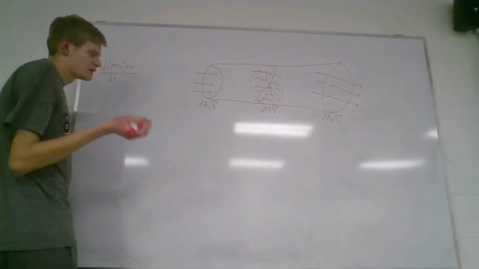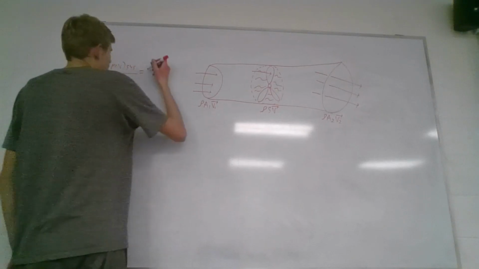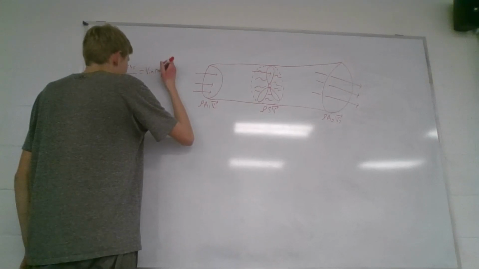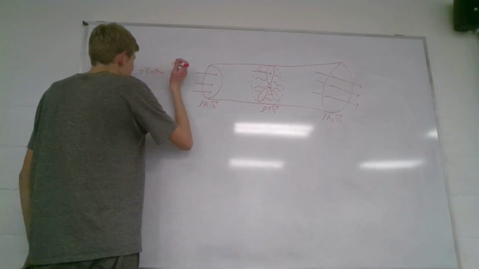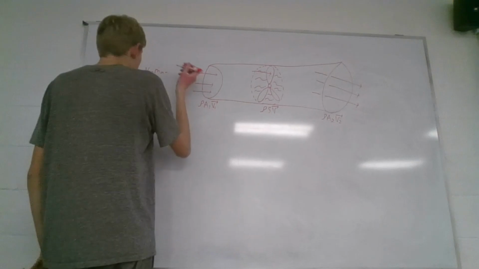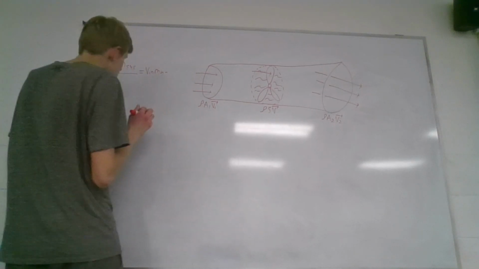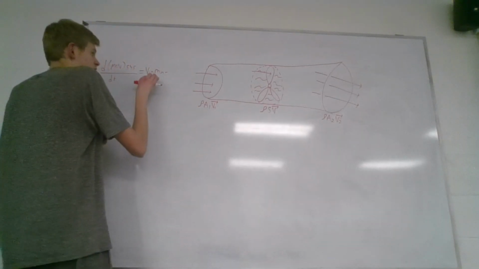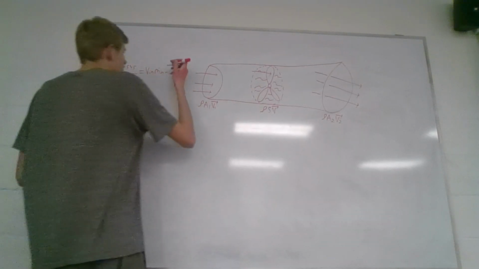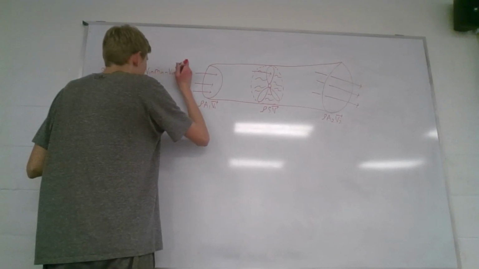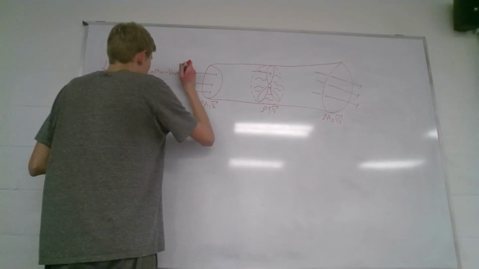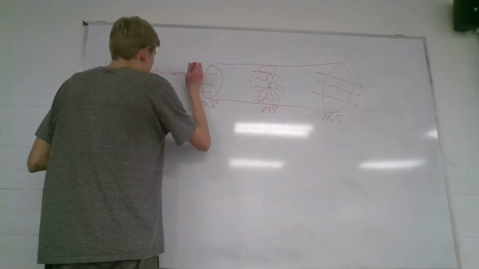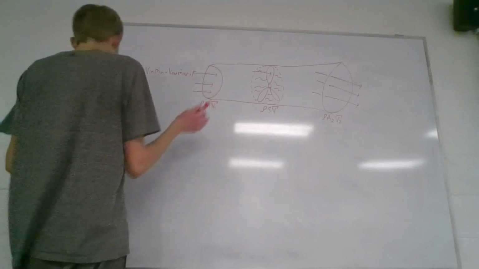What a momentum balance says is that the change in momentum is equal to the velocity of the mass flow rate coming in, and then the velocity of the mass flow rate going out, plus a force, is equal to that change.